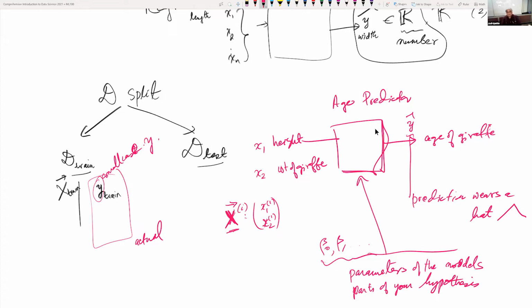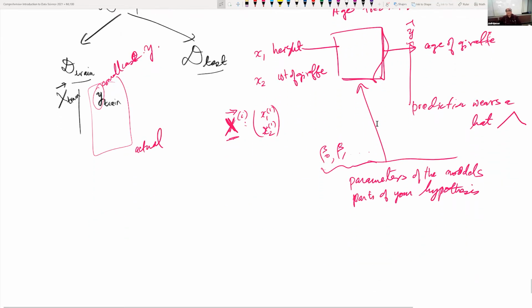So we'll follow this convention throughout this workshop. Just to be clear, if you see anything Greek, it's part of your hypothesis or parameters of your model. If it is Roman, then you're talking either of real data or some prediction.